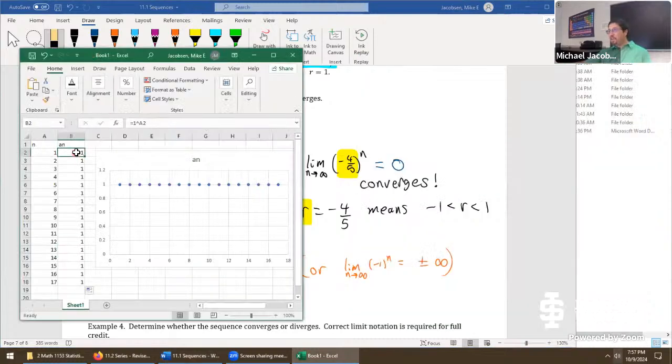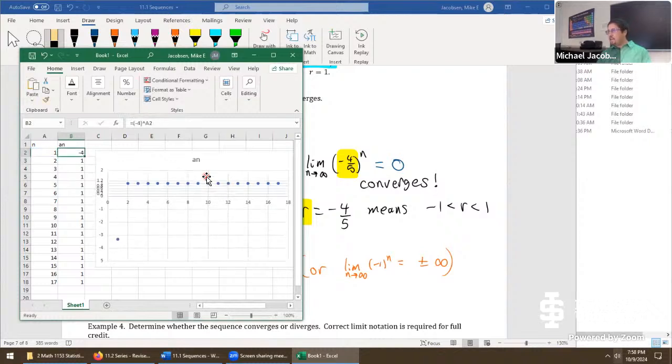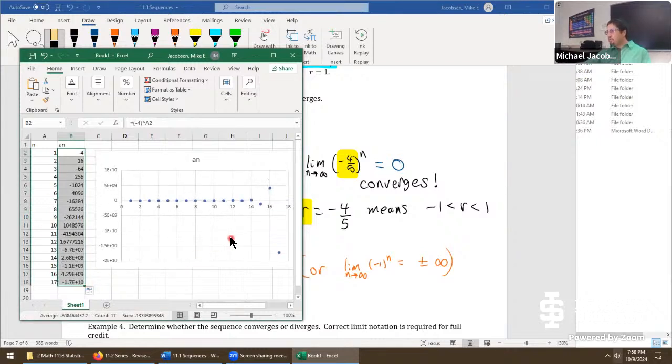This is a real debate because if you go -1 to the power of n, or excuse me, I was thinking of something slightly different, -4 to the power of n rather. I was thinking of something that goes along these lines.